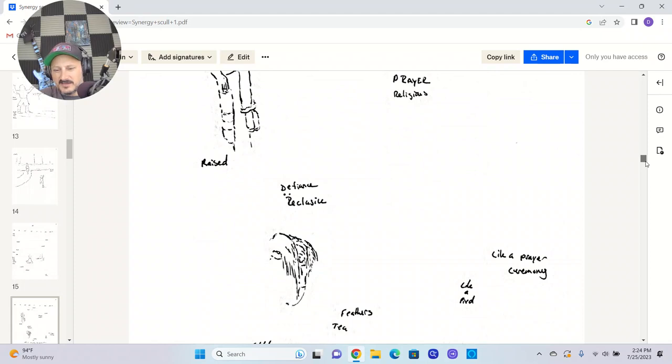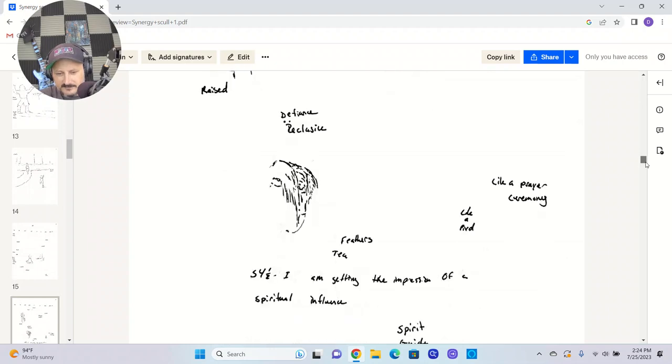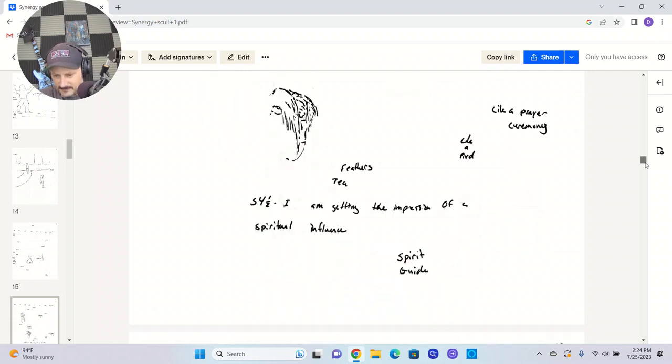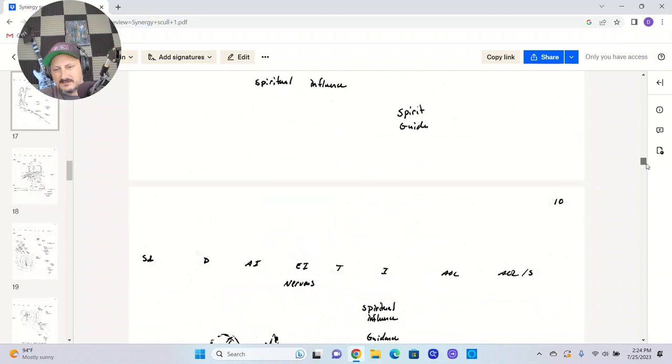Somebody felt defiant, reclusive. Feathers, tea, like a prayer ceremony. Getting the impression of a spiritual influence. And I have a spirit guide.